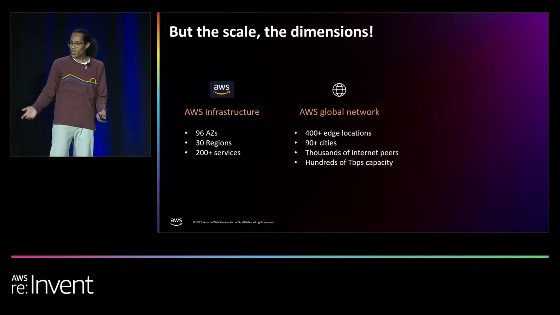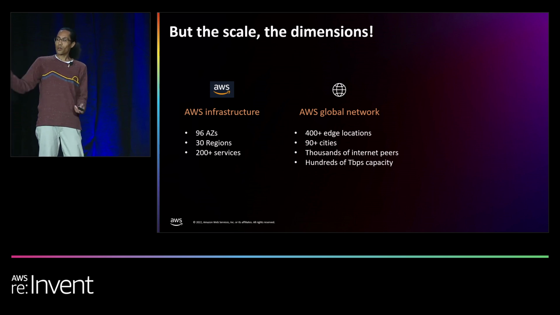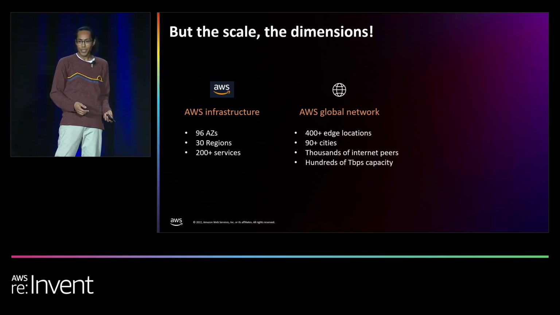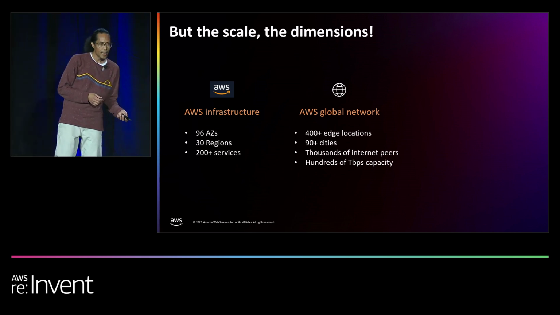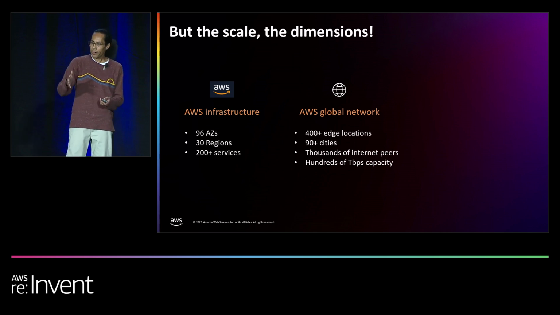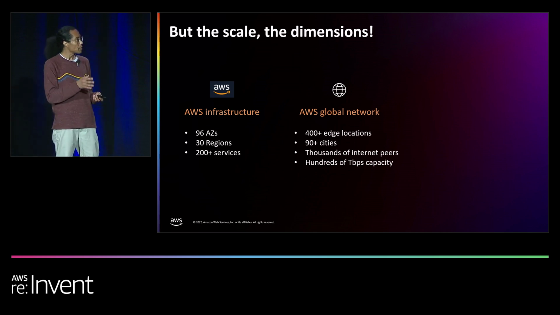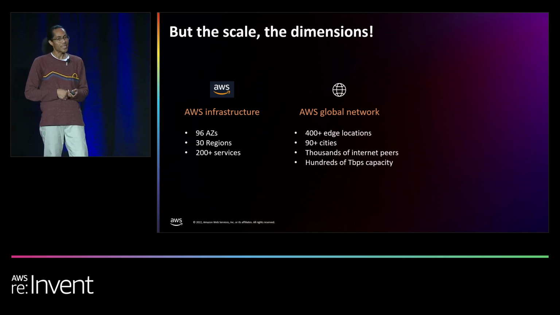Those edge networking services that I mentioned, CloudFront and Route 53, Global Accelerator, those are all running from these 400 edge locations that we have spread around the world in 90 cities. And in these locations, we have thousands of internet peering interconnects with telecom providers. And we built out hundreds of terabits per second of capacity.